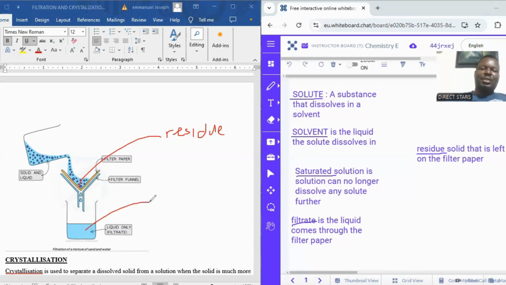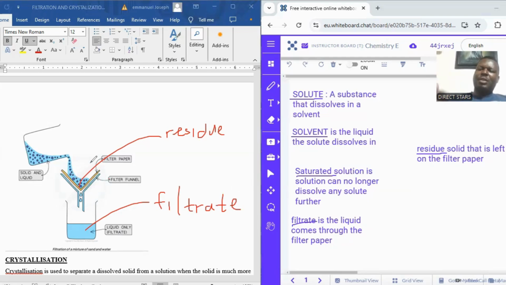This liquid that passes through is known as your filtrate. You can see these terminologies coming into play now. What is left on your filter paper is the residue, and what passes through the filter paper is the filtrate.